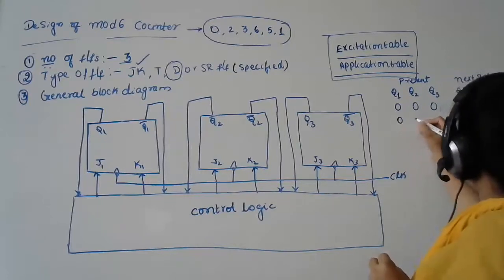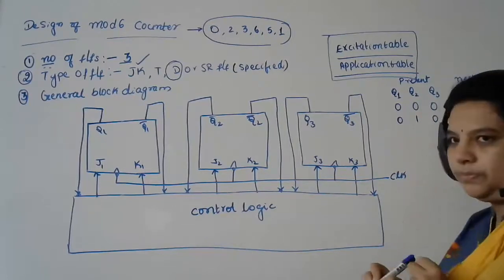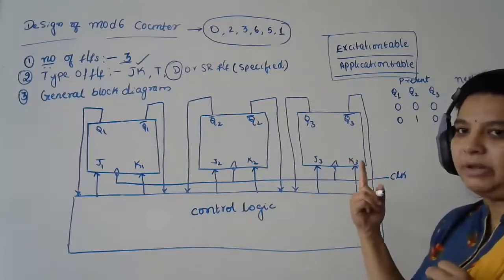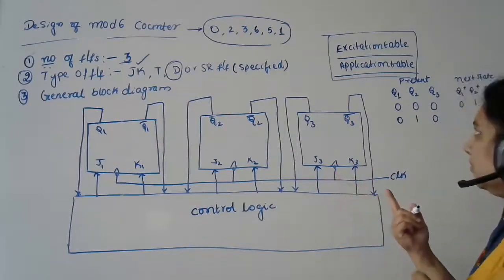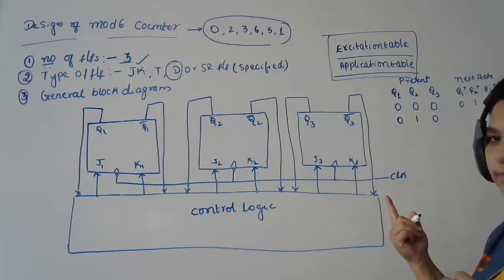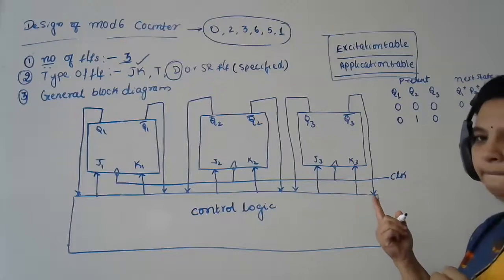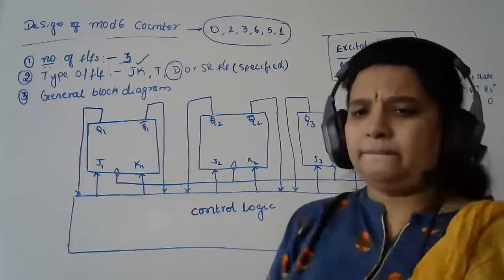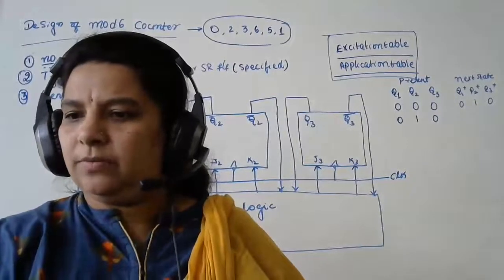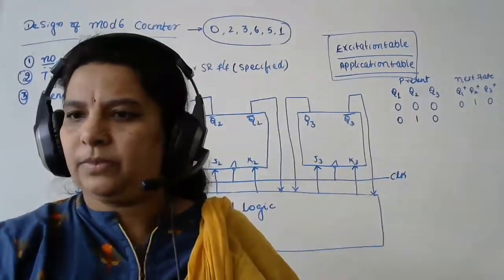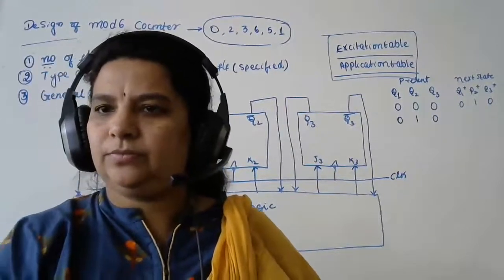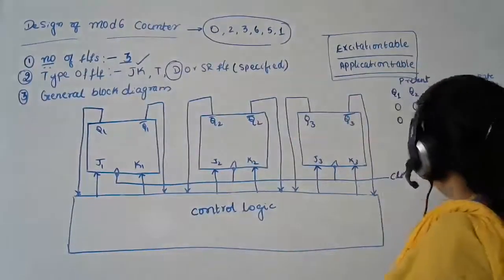If my present state is 0, 1, 0, what will be the next state according to this example? 0, 1, 1 will be the next state, right?